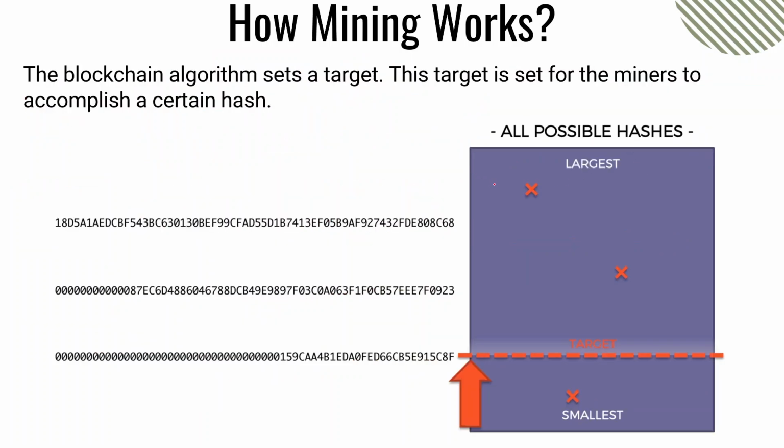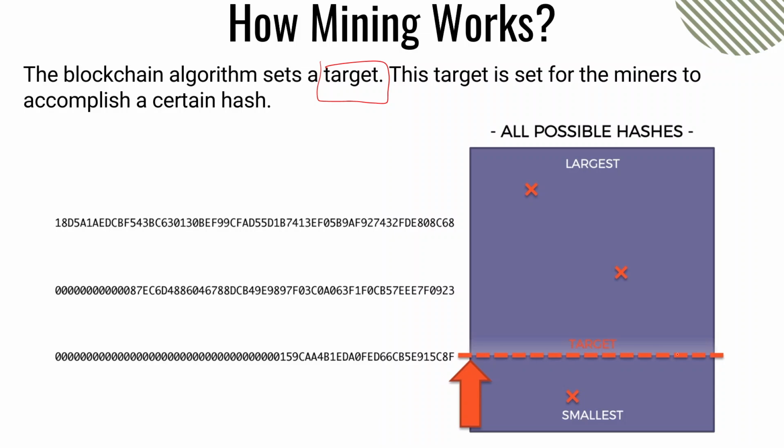Here we will learn a new thing, the target. So what is the target? The blockchain algorithm sets a target. The target is set for the miners to accomplish a certain hash. So in this whole diagram, from the smallest to the largest, a particular part is called the target.